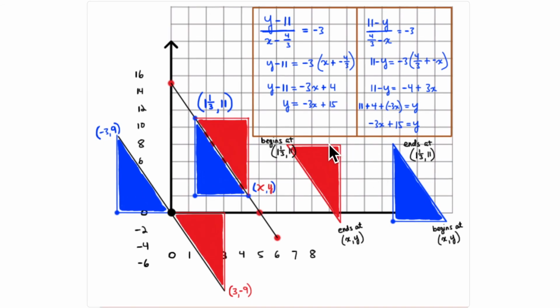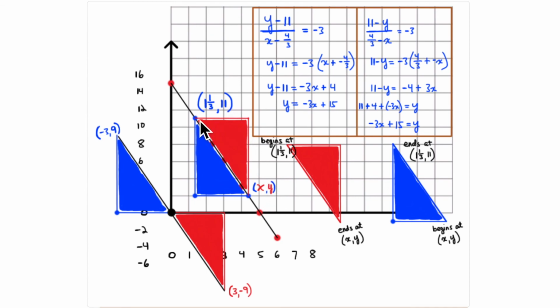On the other hand, if you start at 4/3, 11, if you start here and move to this point, it's going to move this coordinate down to the origin. So in this case, you're going to have to subtract 4/3, 11, this coordinate, from x and y. So it's going to be y minus 11.